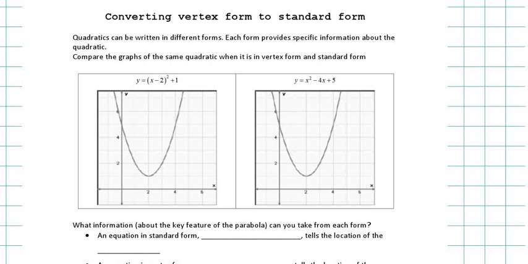I told you, we are going to learn how to go from vertex form to standard form, okay? Because we want to be able to go from one form to the other. So part of what we're going to learn in this unit is to go from the vertex form, which is y equals a(x minus h) squared plus k, to standard form, which is the expanded form.